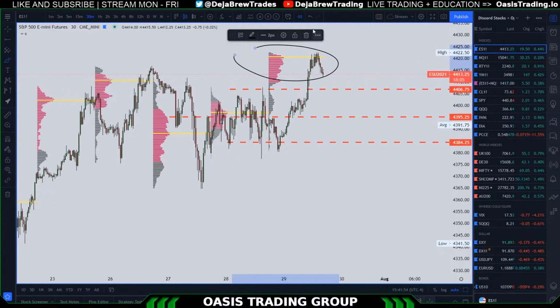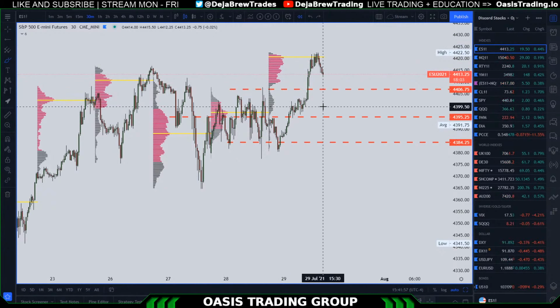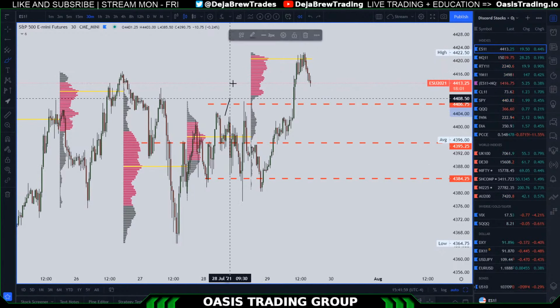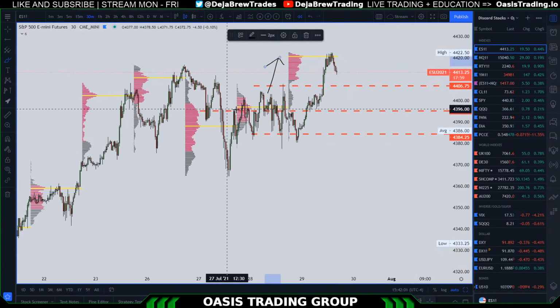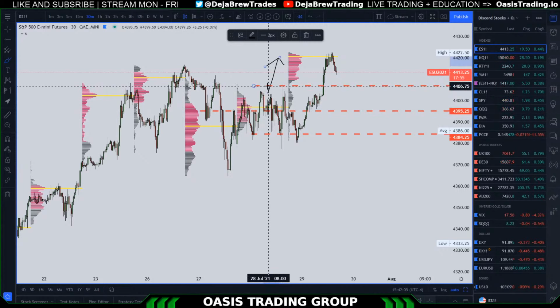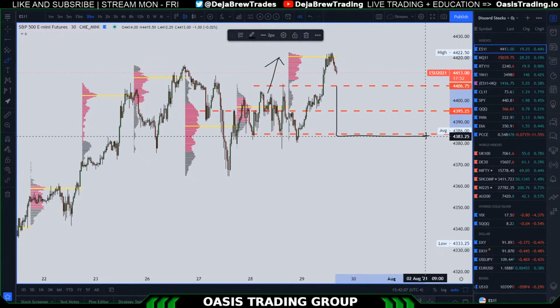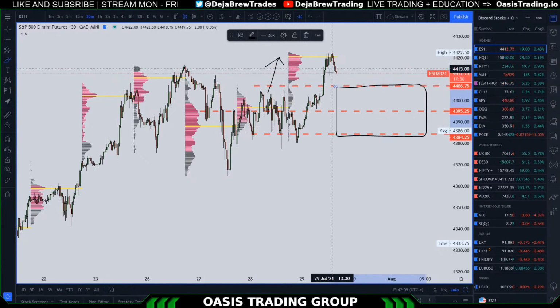Okay, so if we do something like that, this day starts to look very bullish, right? Because we are breaking out of 3 days worth of value. Or sorry, 4 days. So 4 days worth of value is being found right here. If we're breaking out of 4 days worth of value, that's pretty bullish.